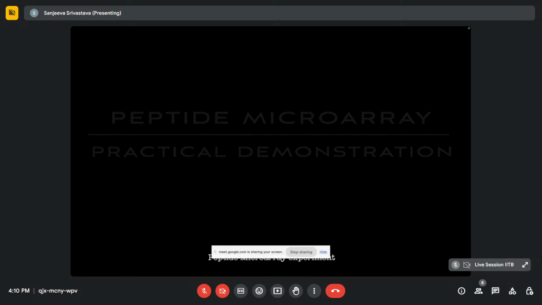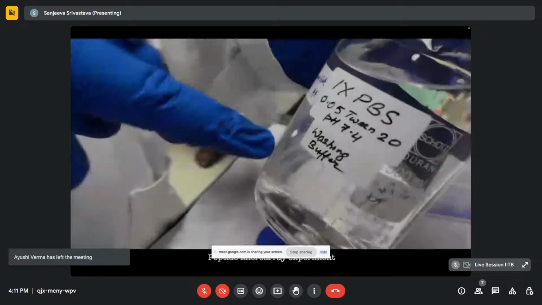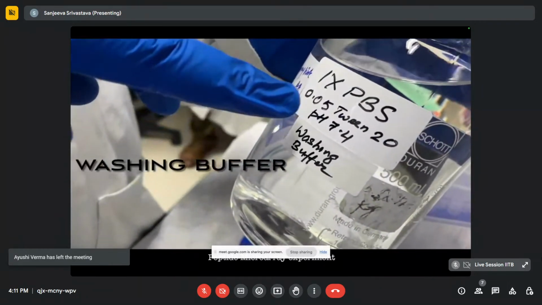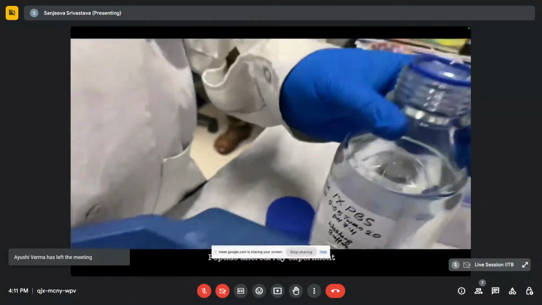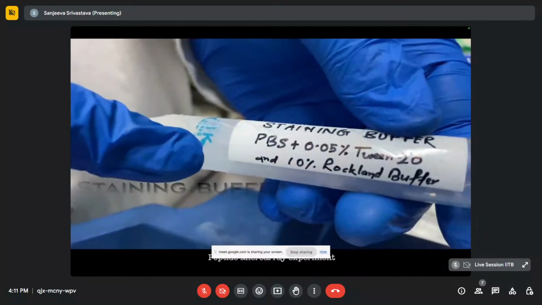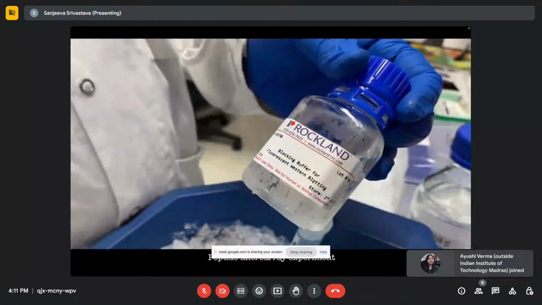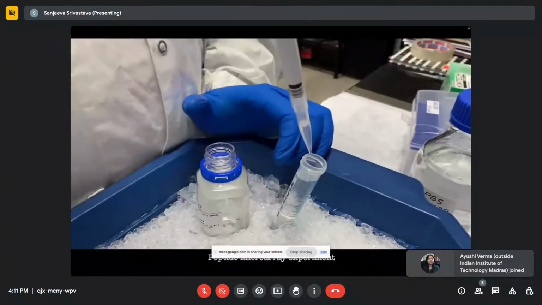Today, we will be demonstrating peptide microarray technology. The first step involves reagent preparation, namely washing buffer, staining buffer, and Rockland blocking buffer.